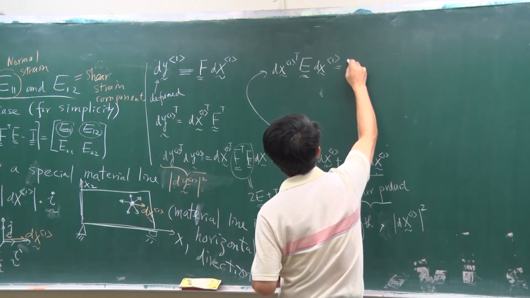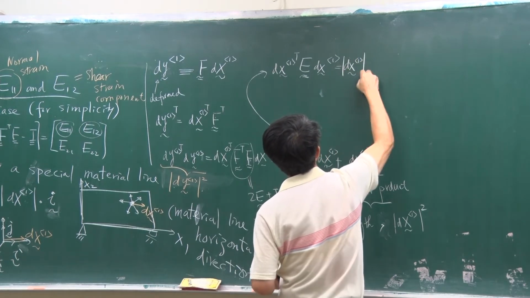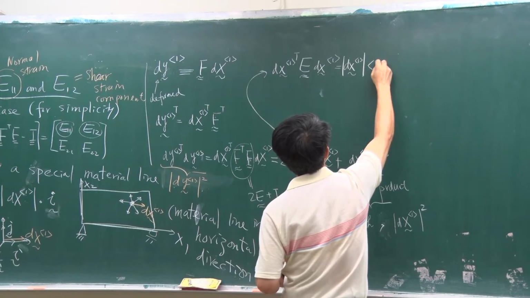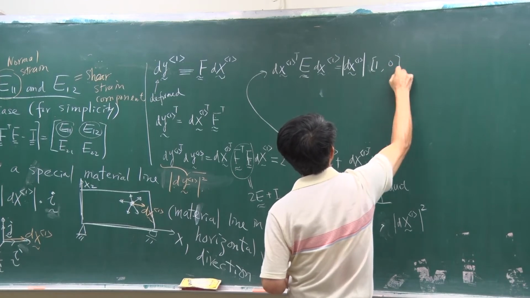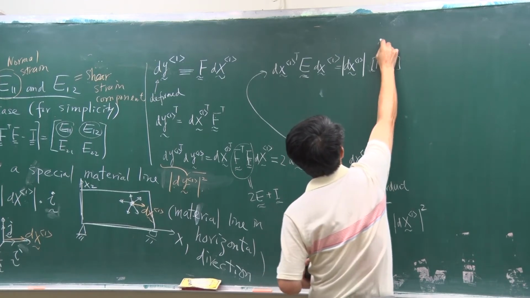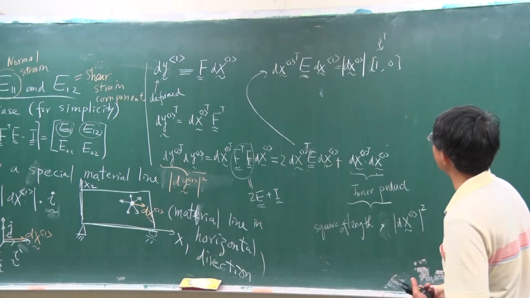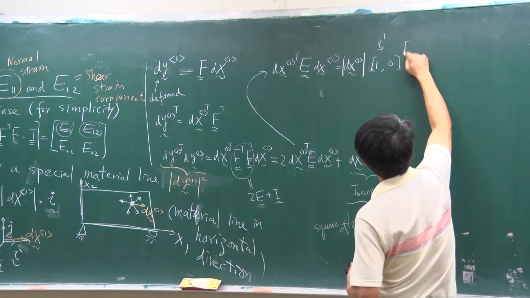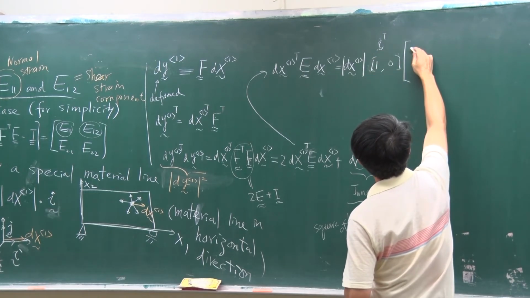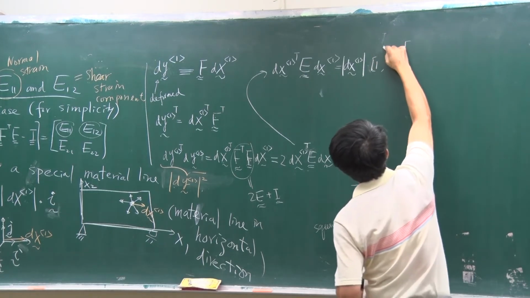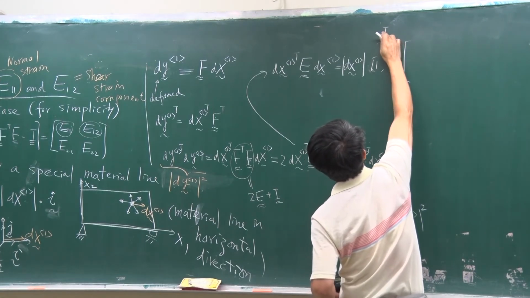This one is the transpose of the base vector, the I vector transpose.